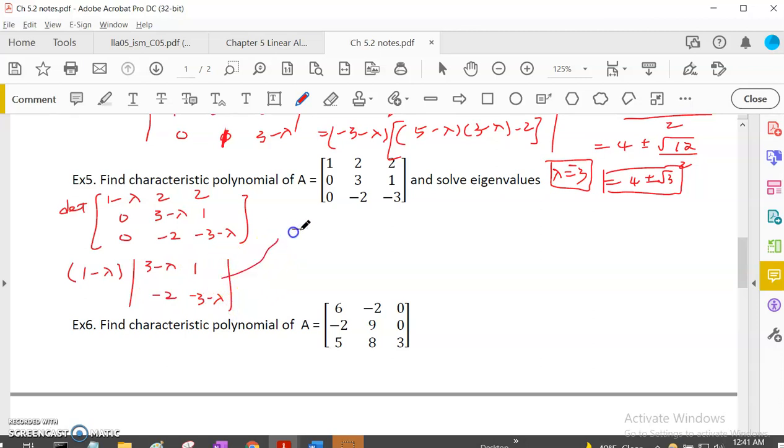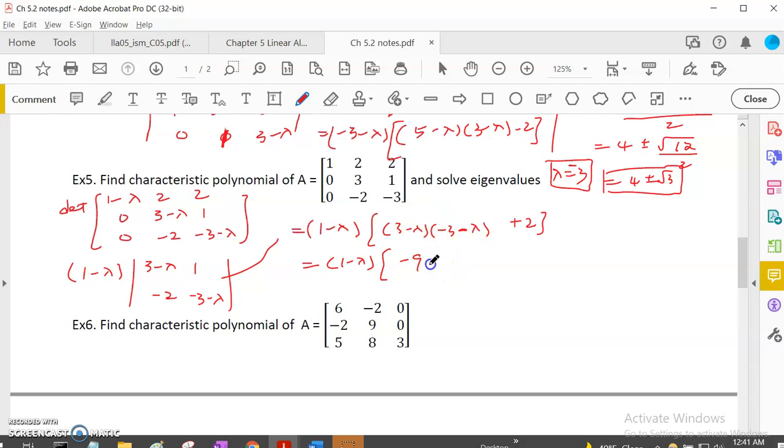So that is equal to 1 minus lambda times 3 minus lambda, negative 3 minus lambda, plus 2. That is equal to 1 minus lambda, negative 9. This is a plus, so I have plus 3 lambda minus 3 lambda.